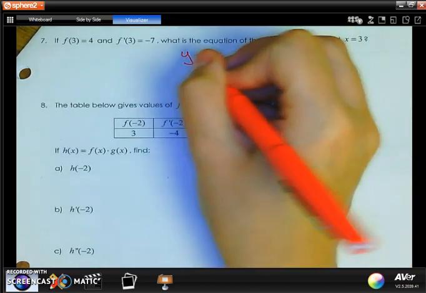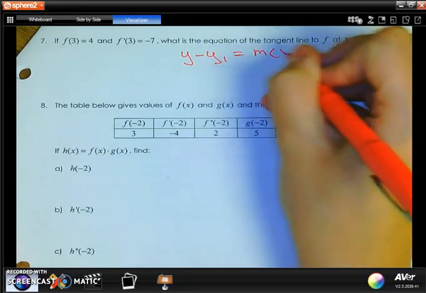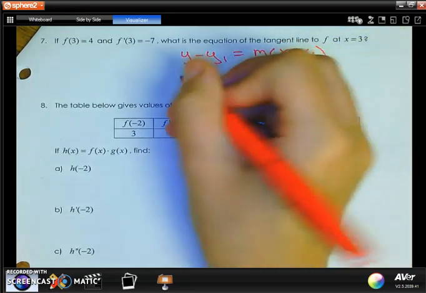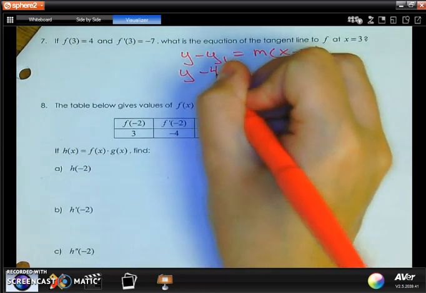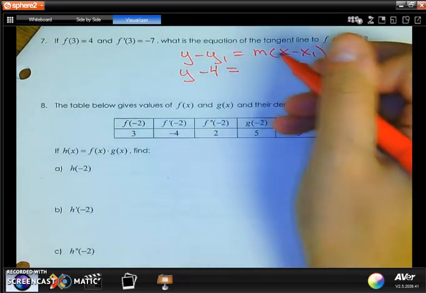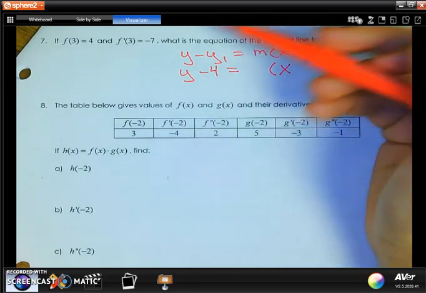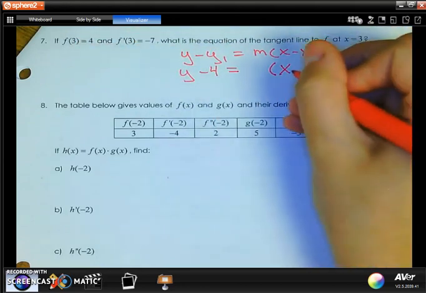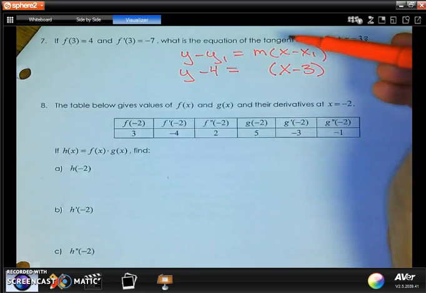So if you think about your point-slope formula, y minus y1 equals m times (x minus x1), they gave me a point. So I'm going to grab my y value from there, so that'll be y minus 4 equals. The m value, I'm going to skip for a second, and then say my x value is this, so x minus 3. So to get m, what did we do when we found the equation of a tangent line?